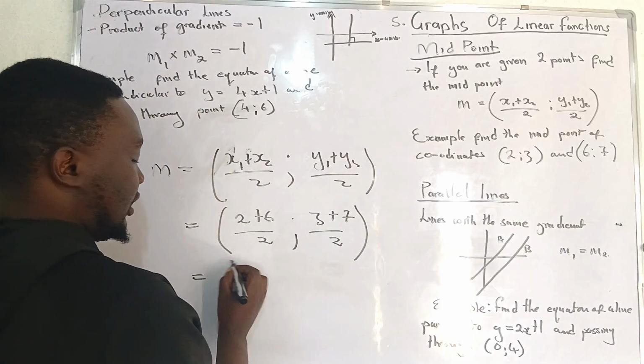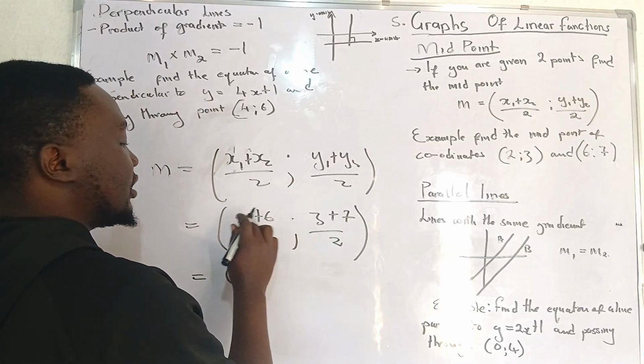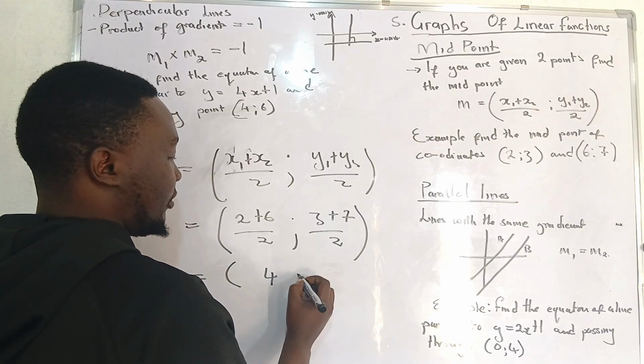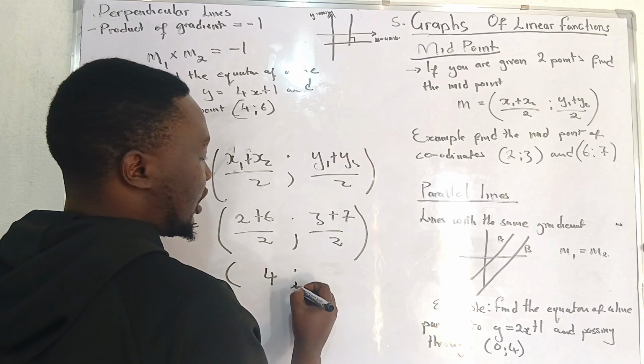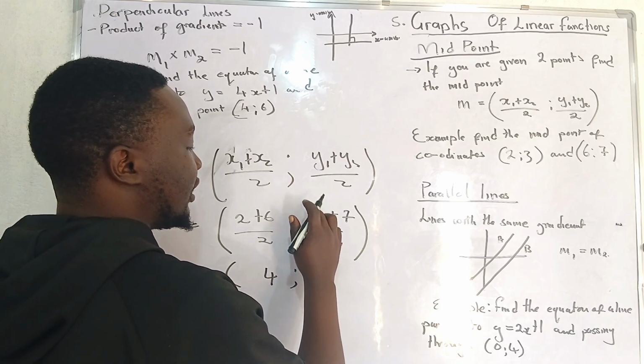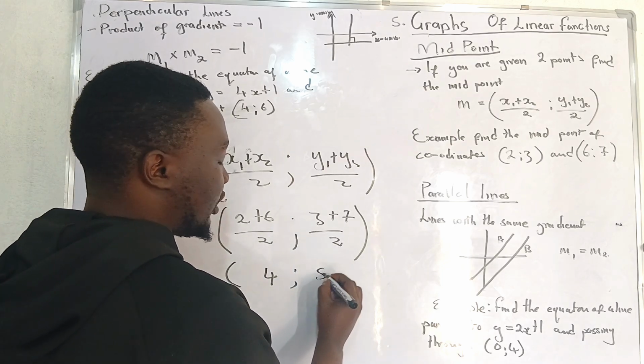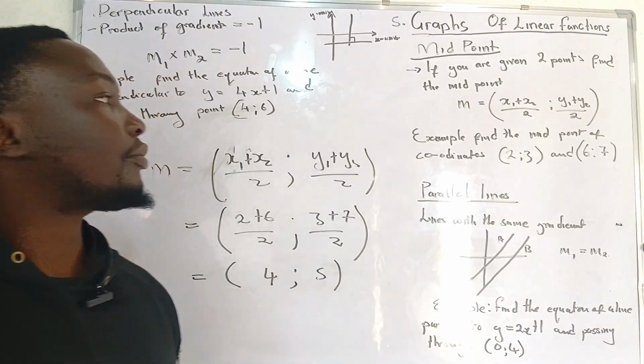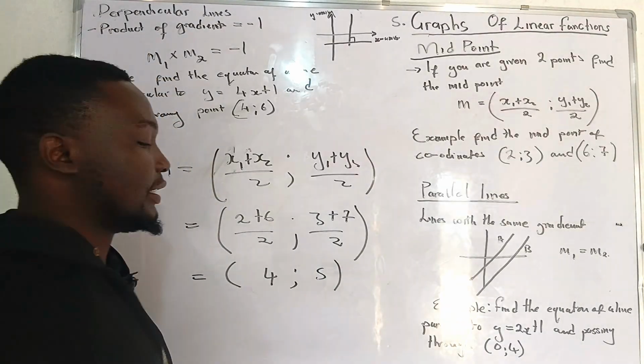So our answer here is going to be 2 plus 6, that's 8, 8 divided by 2 is 4. Then 3 plus 7 is 10, 10 divided by 2 is 5. So this is going to be the midpoint of those two coordinates.